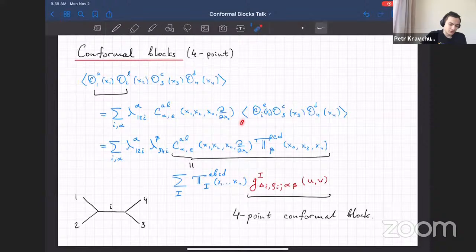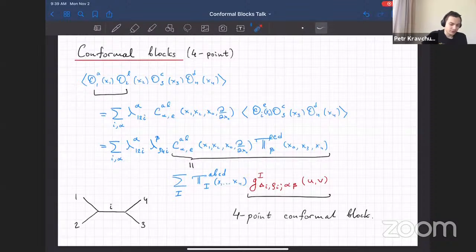Now we look at what we have here, and this is just a 3-point function. And we know that 3-point functions are constrained up to a finite number of coefficients. So we can use the identity from a couple of slides back, where we express this 3-point function in terms of OPE coefficients for operators 3, 4, and I, and in terms of the standard conformal invariant tensor structures.